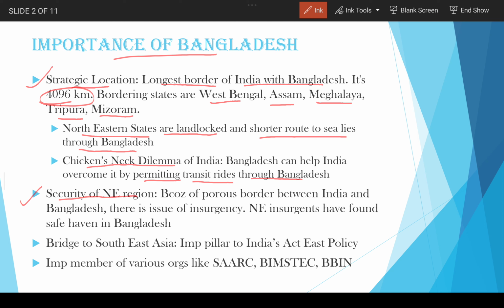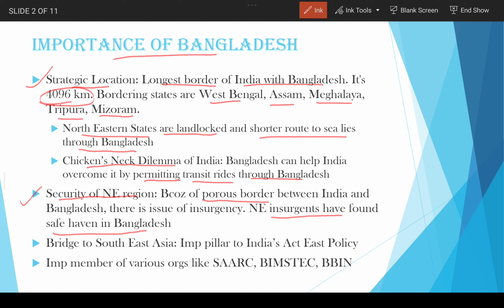Another thing is security of the northeastern region. Actually, there is some problem of insurgency in northeastern regions, and because of the porous borders between India and Bangladesh, Bangladesh has actually become a safe haven for Northeast insurgents. They actually have found safe haven in Bangladesh.